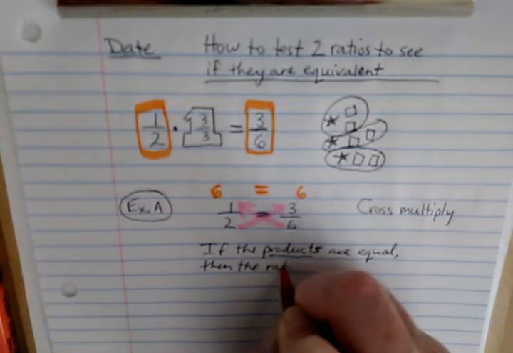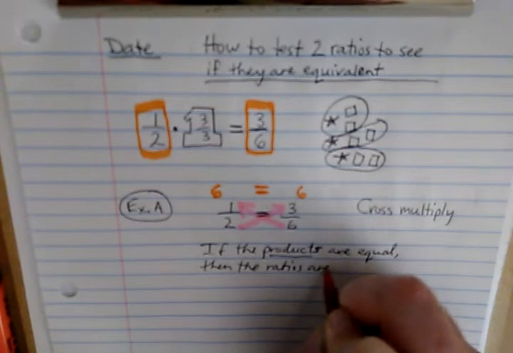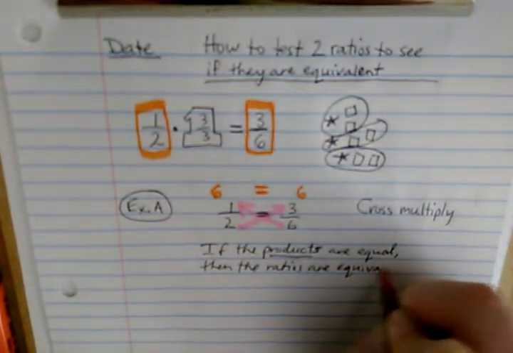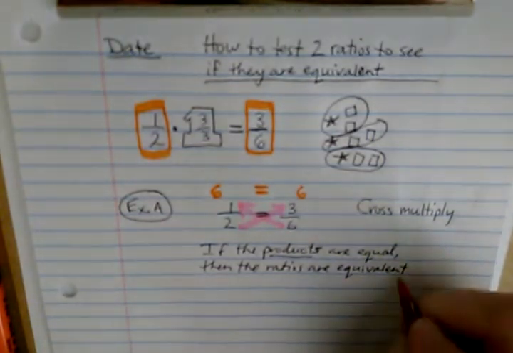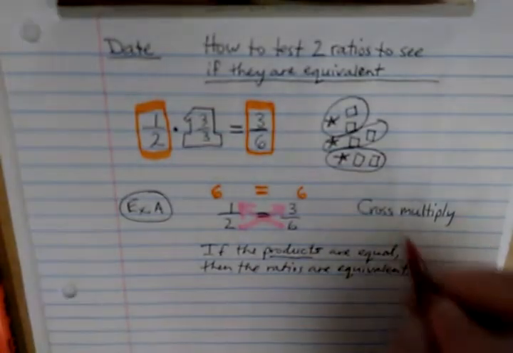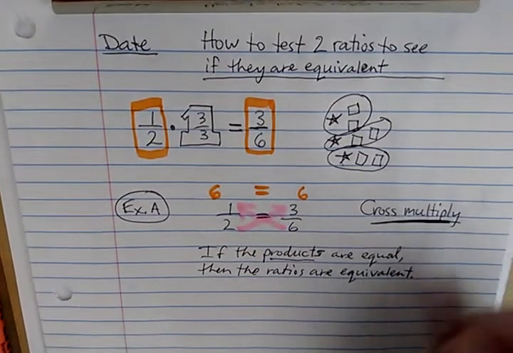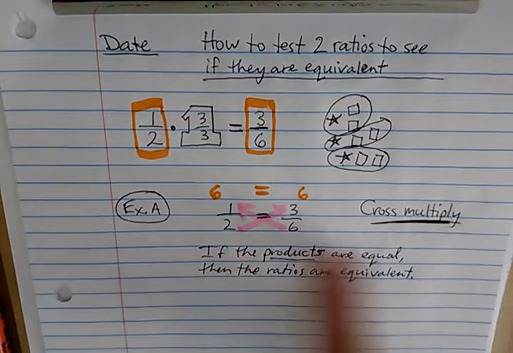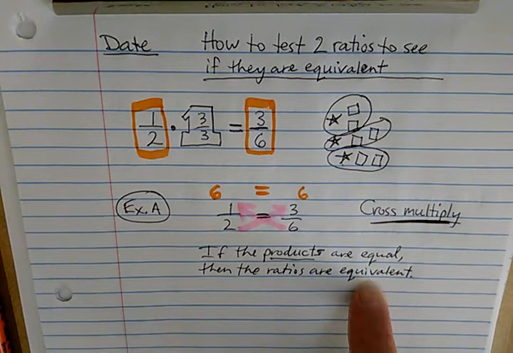The ratios are equivalent. Okay, so here's the rule. Cross multiply. And then if the products are equal, then the ratios are equivalent.